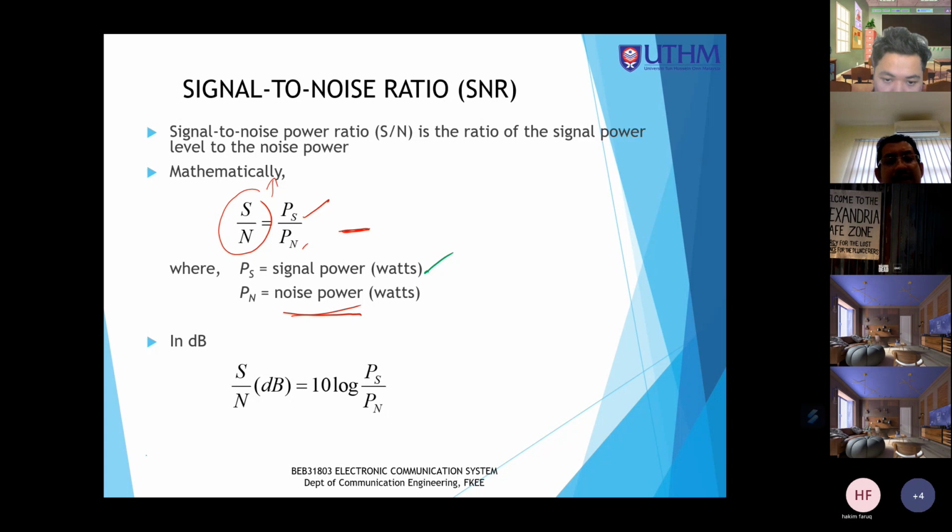Manakala kalau kita buat dalam sebutan decibel, remember a unitless parameter, if we convert into decibel, we're going to produce dB. So 10 log of signal to noise ratio, we're going to produce 10 log PS over PN. Ini dalam sebutan decibel.